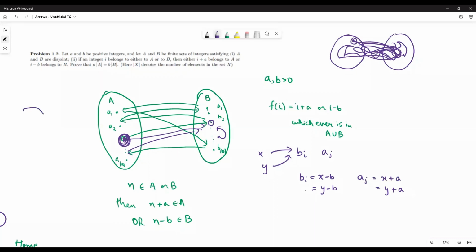So what we have is a cycle, in which if the element we are going to is a member of A, we add A, and if the element we are going to is a member of B, we subtract B. Do people get how I made this cycle from this mess? Yes.